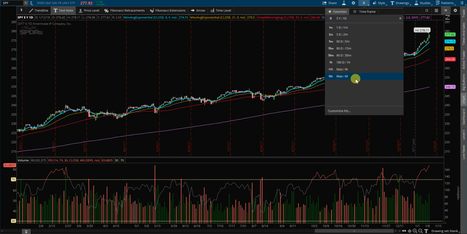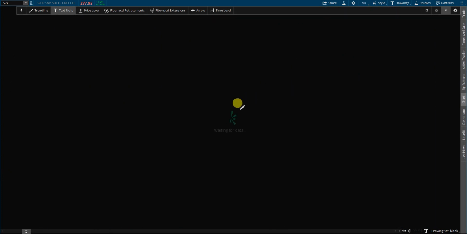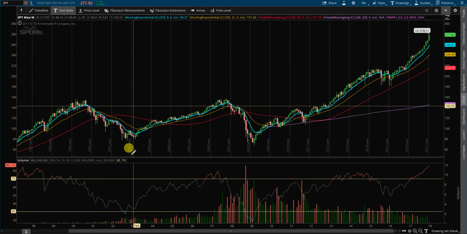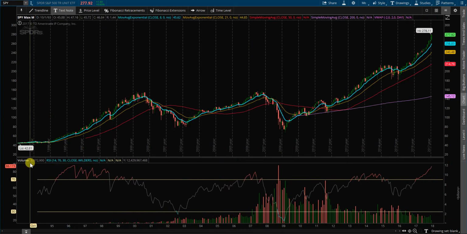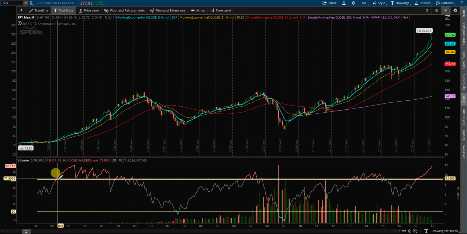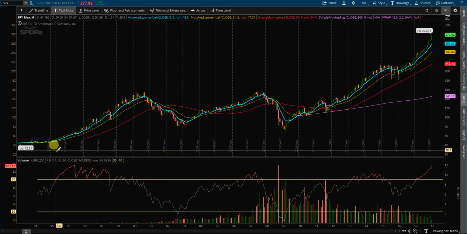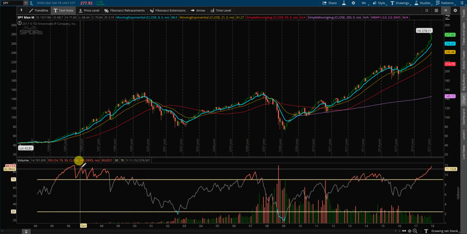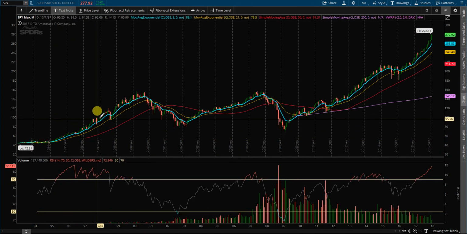I want to go here to the longer term time frame. This is a monthly chart historically for the S&P 500. It's gone overbought several times in the past, and every time it's continued to go higher, all the way back here in 1995. It initially registered an overbought situation at 49.10, chopped around way overbought, and ran.